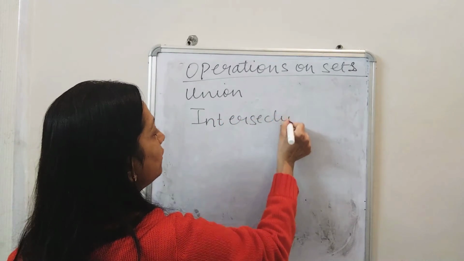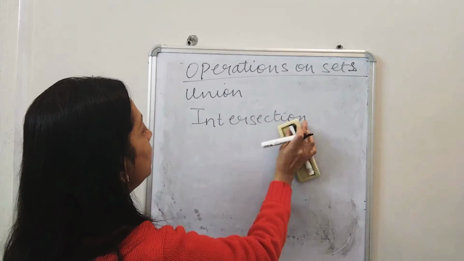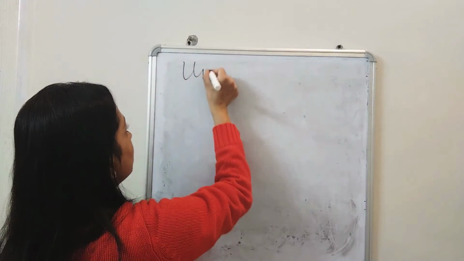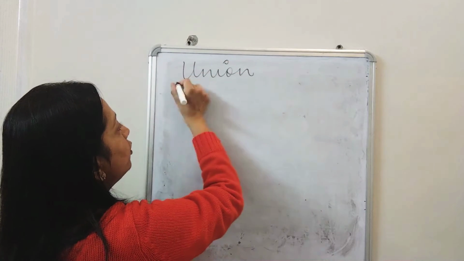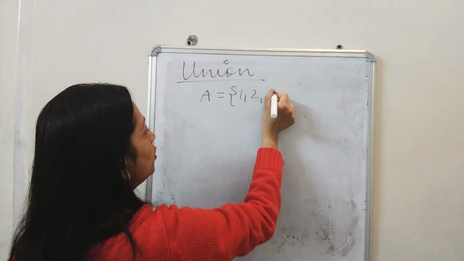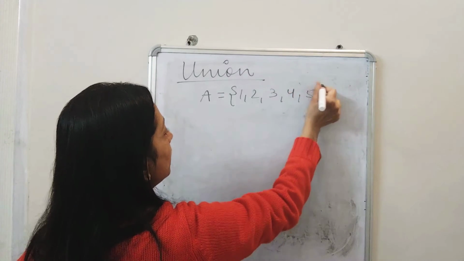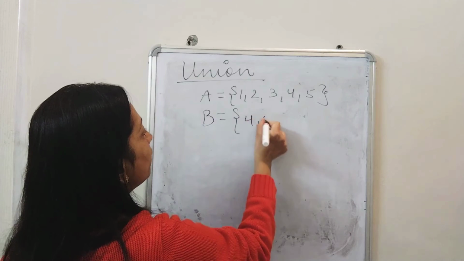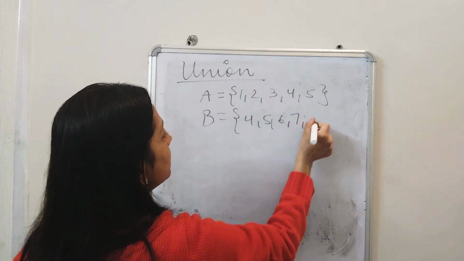So first of all, we will discuss union. So the union of two sets A and B, if A contains elements 1, 2, 3, 4, 5 and B contains elements 4, 5, 6, 7, 8.